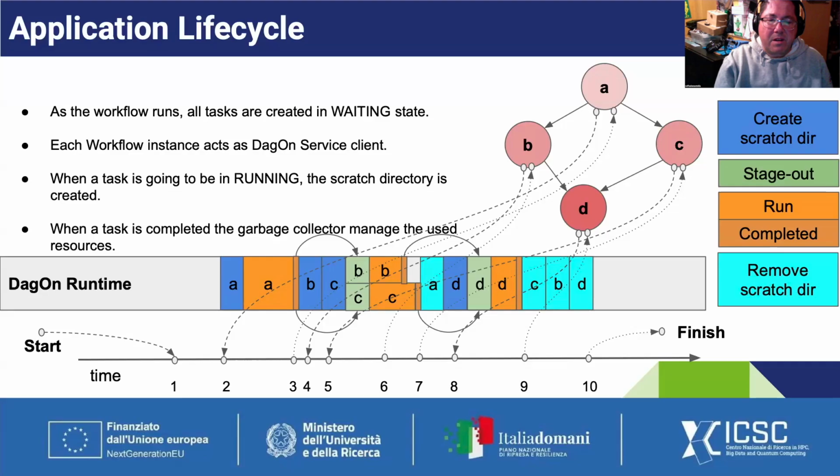In this example, task A starts, produces data, then starts B and C. When B and C finally produce the data, the scratch directory A is removed. Then D consumes B and C data, and then finally all the scratch directories are removed.